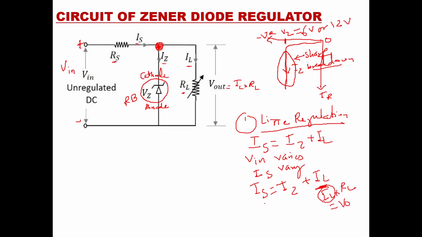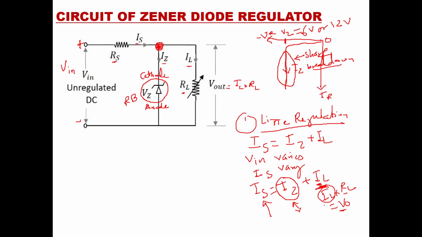Now, if IS increases and you want IL to remain constant, then IZ has to compensate in the area of that sharp breakdown. So in that Zener breakdown area, IZ will adjust itself. It can become less or more, and it will see that IL is constant so that the product IL into RL, which is the output voltage, remains constant.